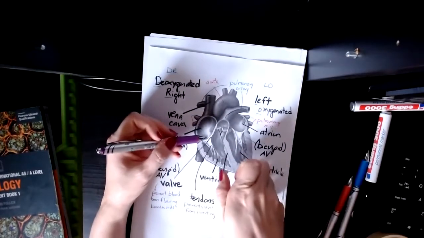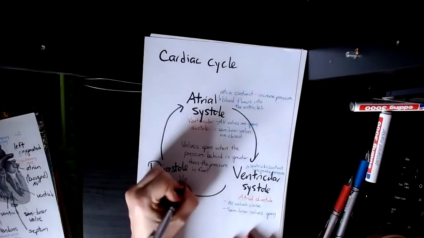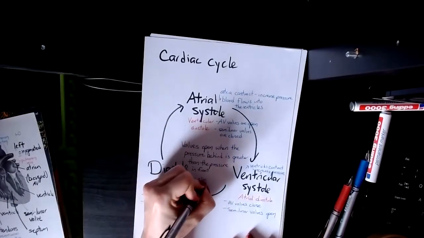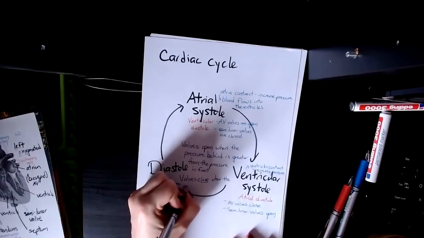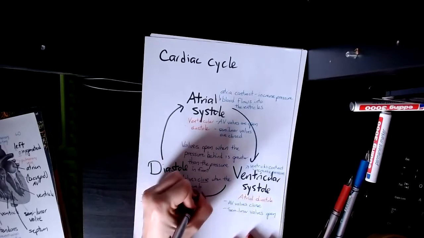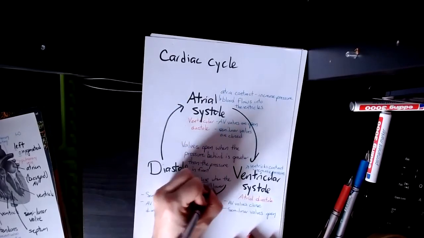But when the ventricles contract, valves close when the pressure behind is lower than the pressure in front.